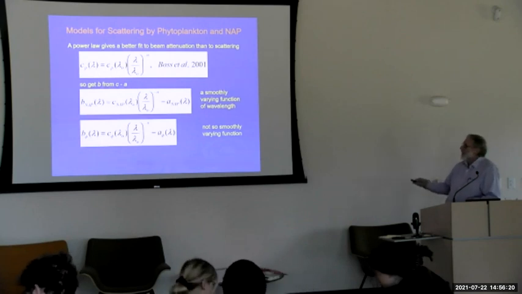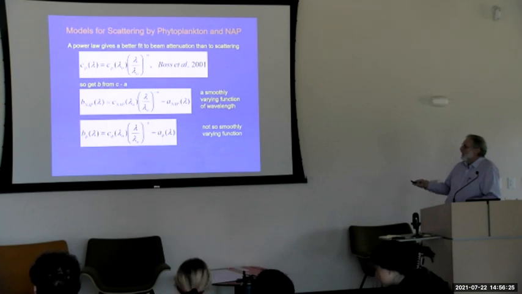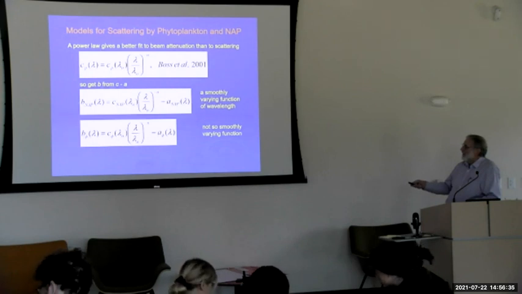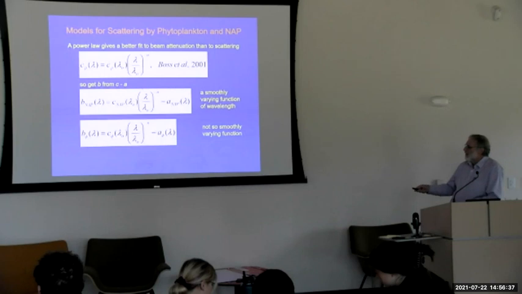They model the beam attenuation with the power law, and then they measure the scattering, let's say for non-algal particles or phytoplankton, and subtract that from the model beam attenuation to get the wavelength dependence of the non-algal particles or the phytoplankton. This is usually fairly smoothly varying. This one will have some bumps in it.